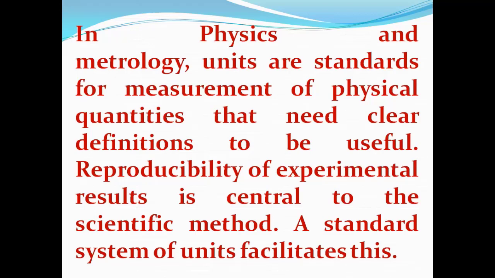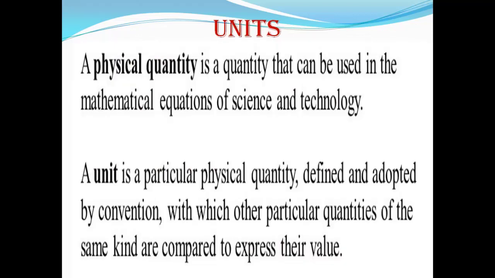A standard system of units facilitates this, that we call units. A unit is a physical quantity that can be used in the mathematical equations of science and technology. A unit is a particular physical quantity defined and adopted by convention, with which other particular quantities of the same kind are compared to express their values.